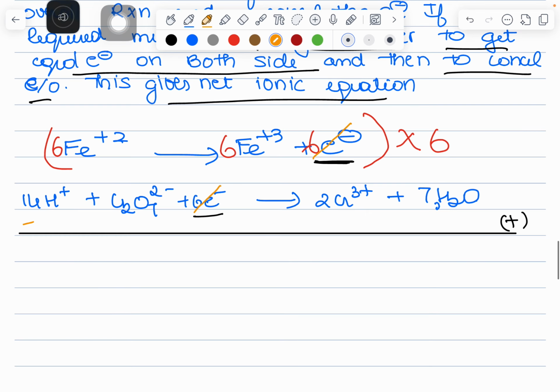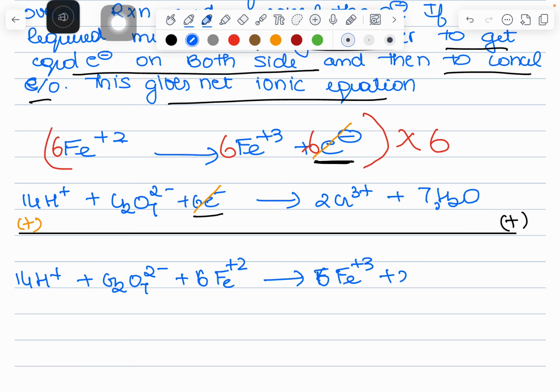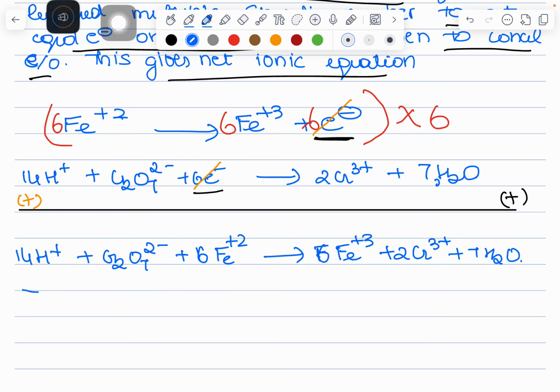Now you can add. So the net overall reaction will be 14H+ plus Cr2O7 2- plus 6Fe2+ gives 6Fe3+ plus 2Cr3+ plus 7H₂O. In this way we can write the whole reaction.